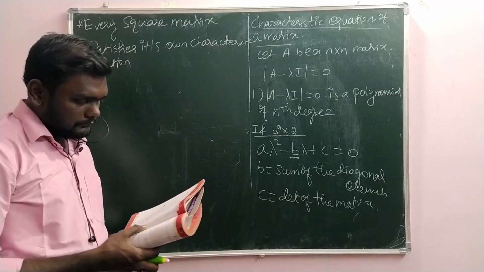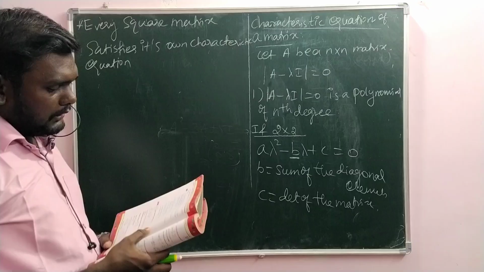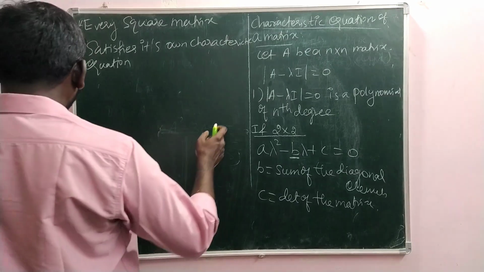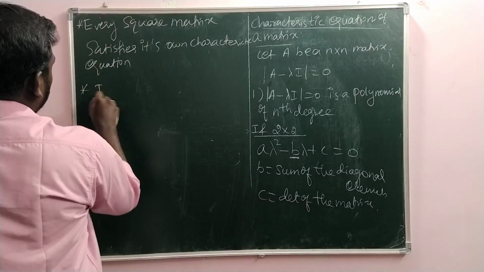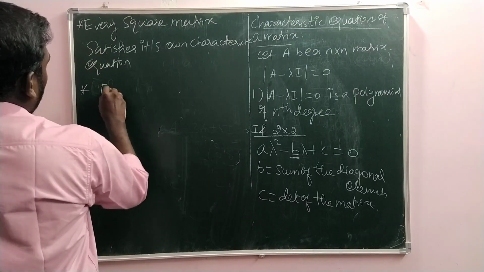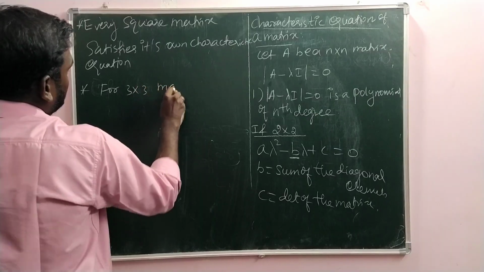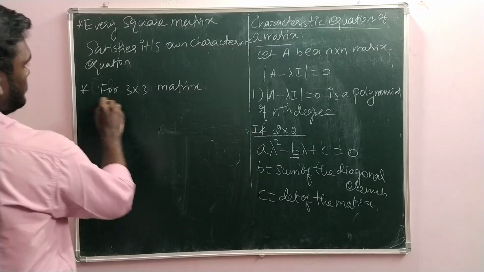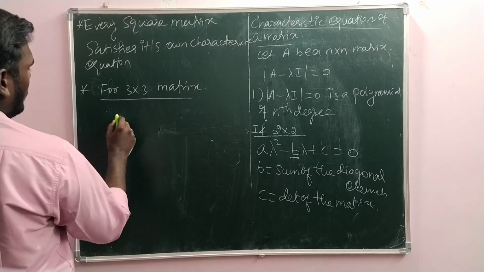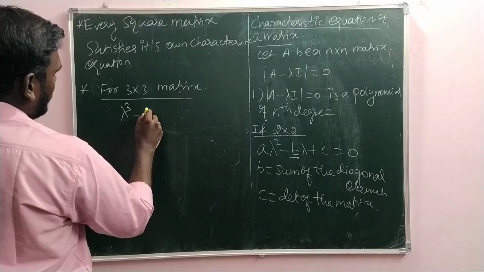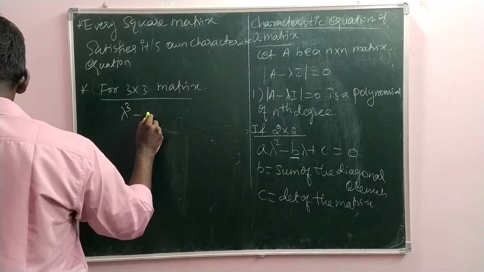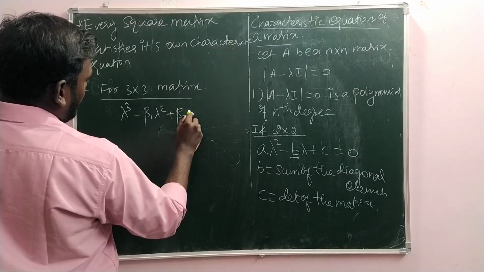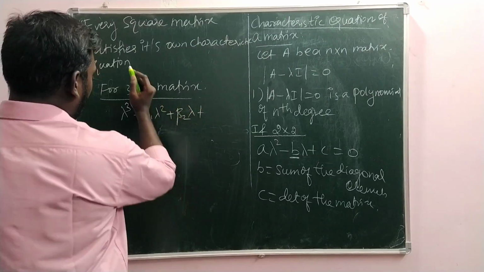And the other one, for cubic, suppose for this 3 by 3 matrix, this equation can be like lambda cube minus some beta 1 lambda square plus some beta 2 lambda, or let it be S1, S2, S3.